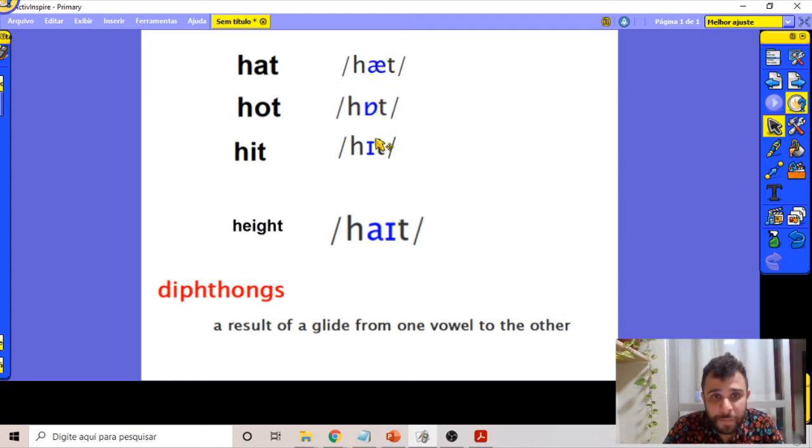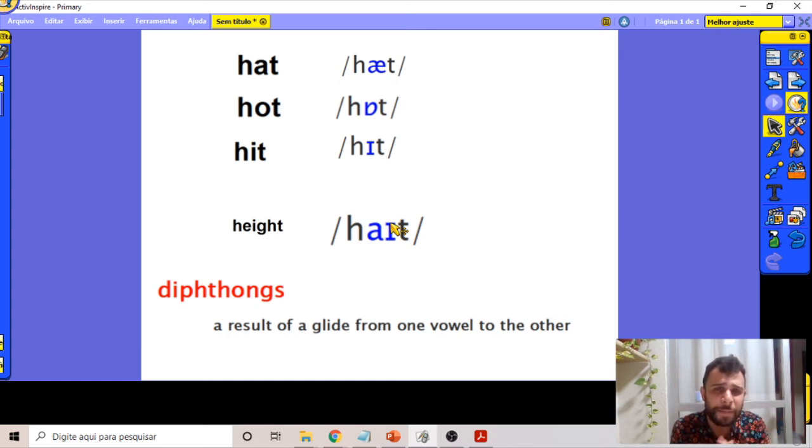These sounds make these words minimal pairs. That means that they are phonemes. This transition from one vowel to the other happens very fast, and in the phonological system of English we should consider it as a phoneme.